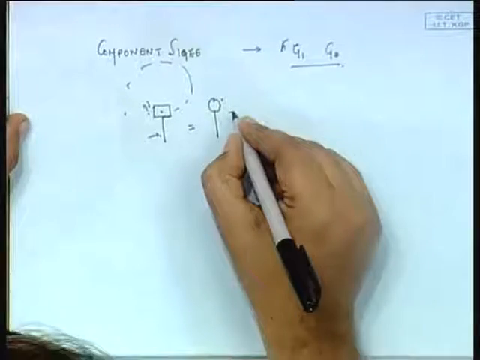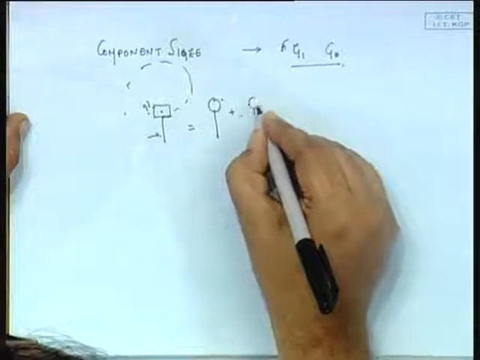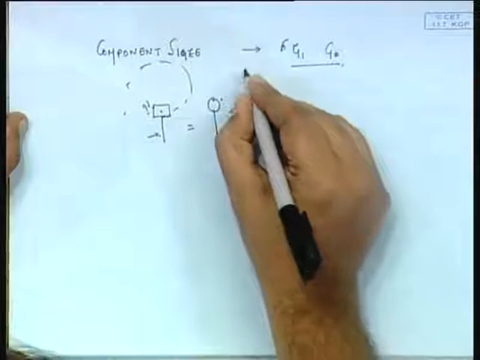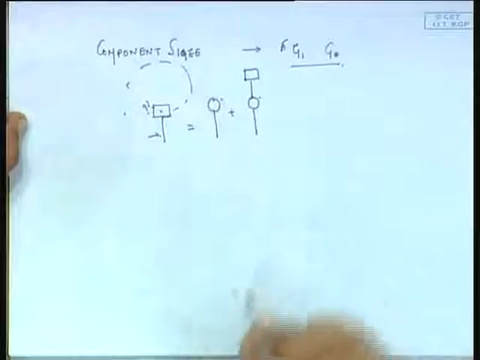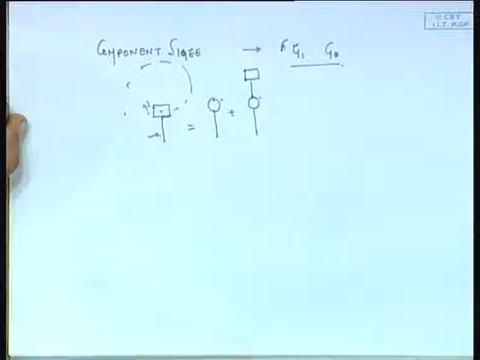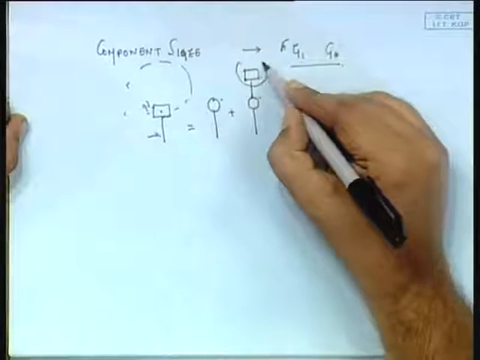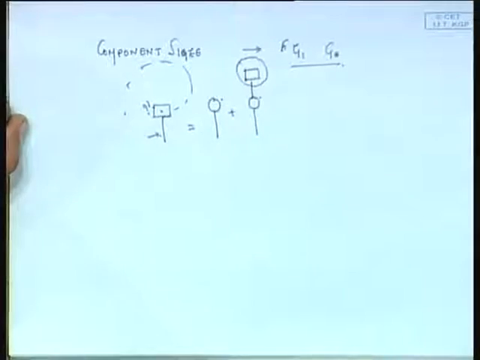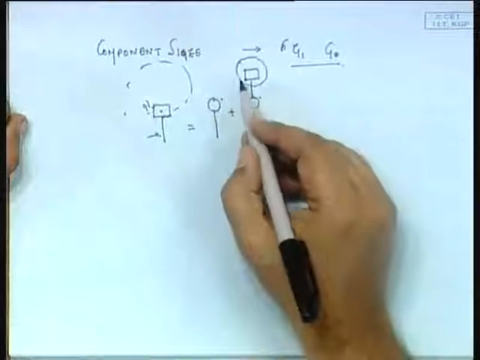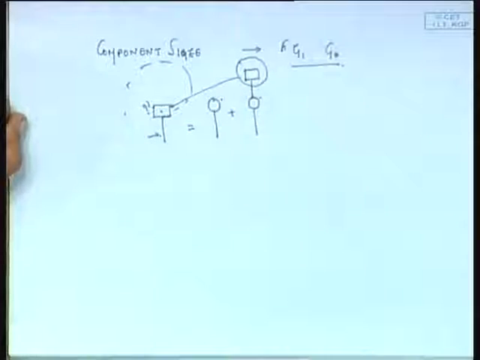Or I can reach a node with one neighbor. So, what will be the component size of this? The exact component size of this.